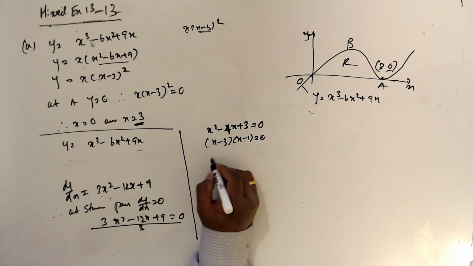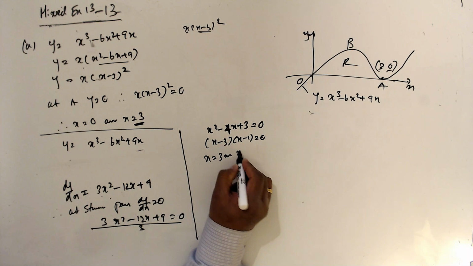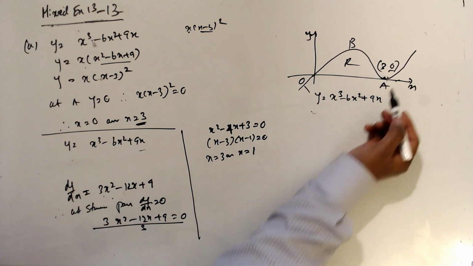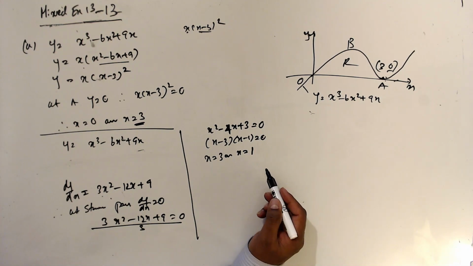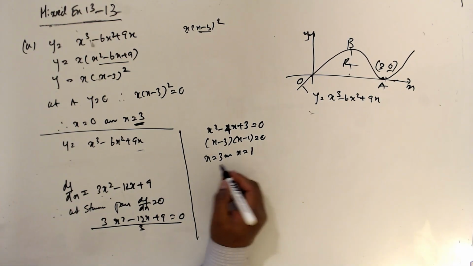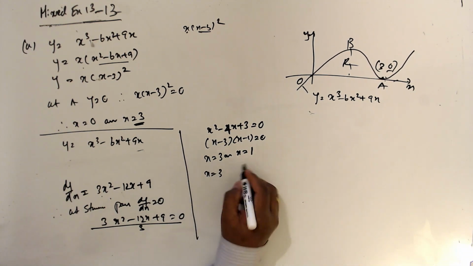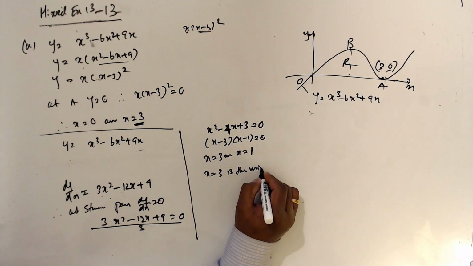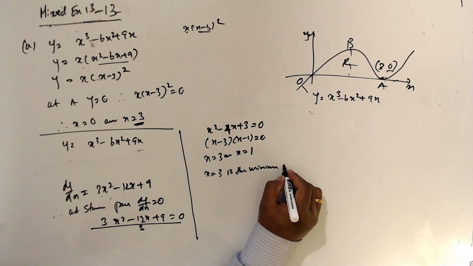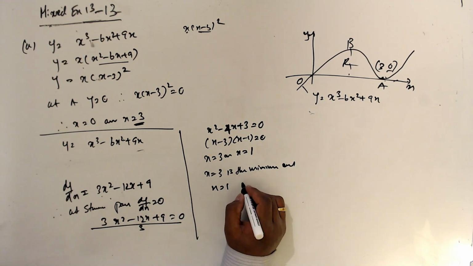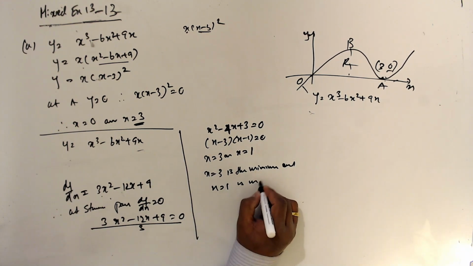I can break it like this, so x equals 3 or x equals 1. So x equals 3 we can see is the local minimum, and the maximum is the other one, x equals 1.